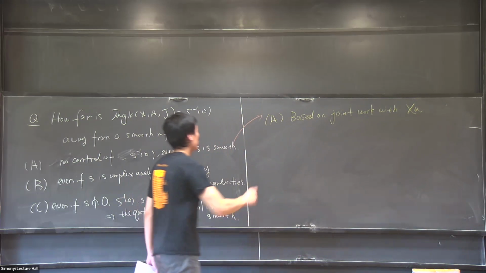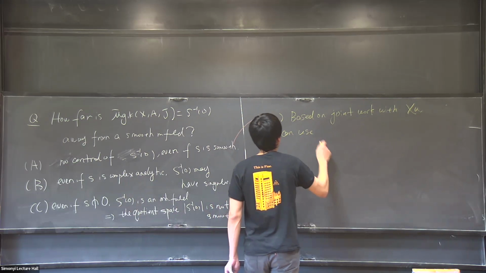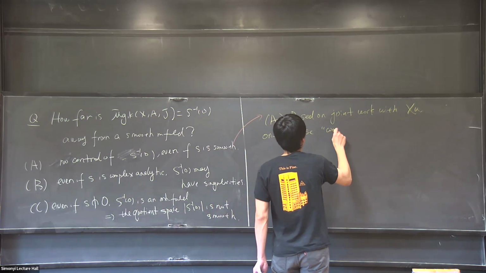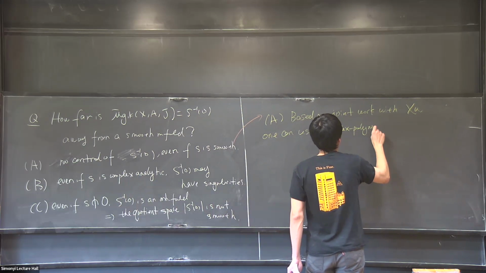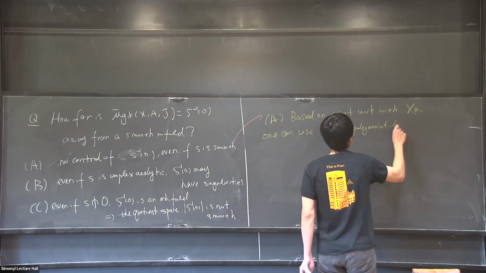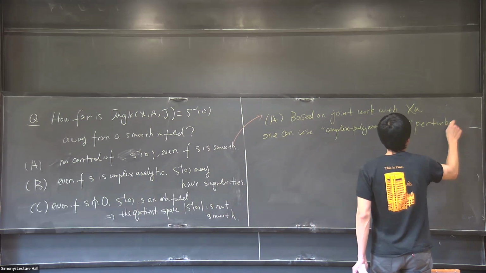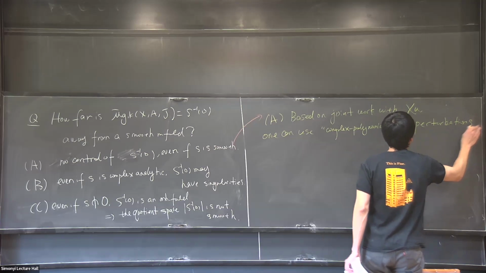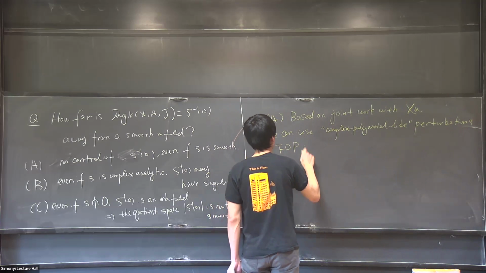So we can use complex polynomial-like perturbations, which we call no puncture perturbations.